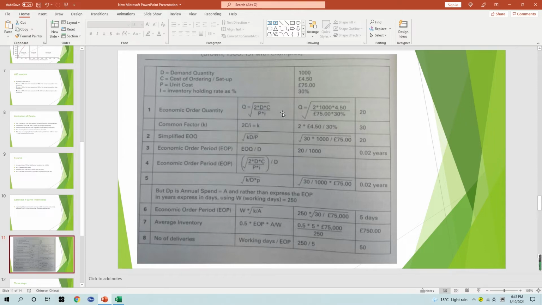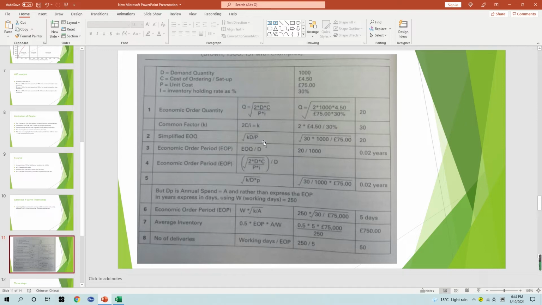But if we want to find a common factor K, we can substitute 2 times cost of ordering divided by inventory holding rate, and let that be the common factor K, and then we have a simplified EOQ, which comes down to the square root of K times demand quantity divided by unit cost.